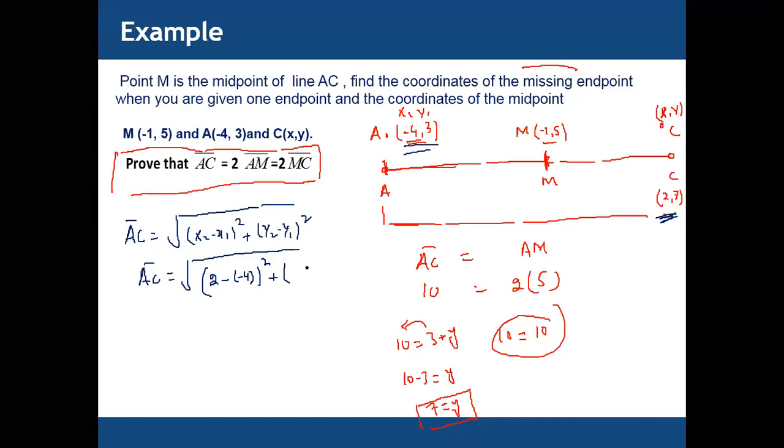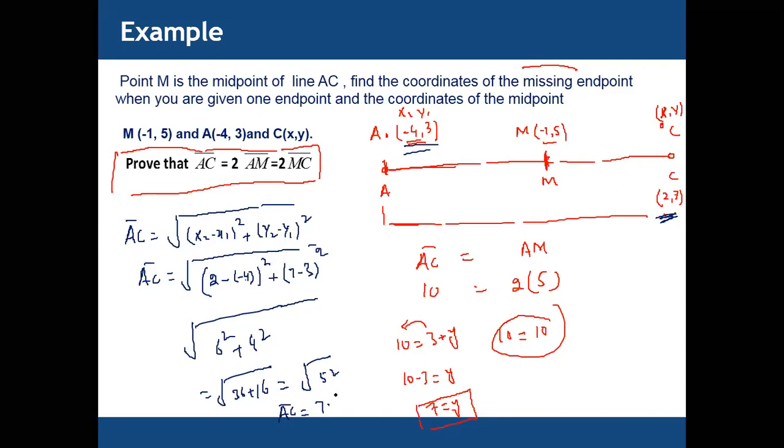Y2 we know is 7, minus y1, which is 3, whole square. Minus minus becomes plus, so 4 with 2 equals 6 square, 7 minus 3 is 4, so 4 whole square. 6 whole square is 36 and 4 whole square equals 16. 36 plus 16 equals 52, and the length of line AC is the square root of 52, equal to 7.2 units.